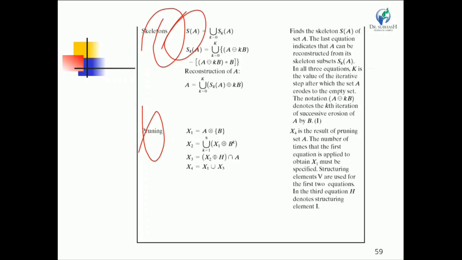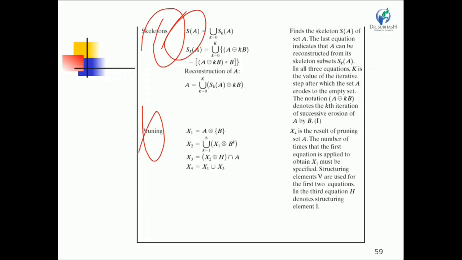In all three equations, k is the value of the iterative step after which the set A erodes to the empty set. The notation A erosion with k of B denotes the kth iteration of successive erosion of A by B.